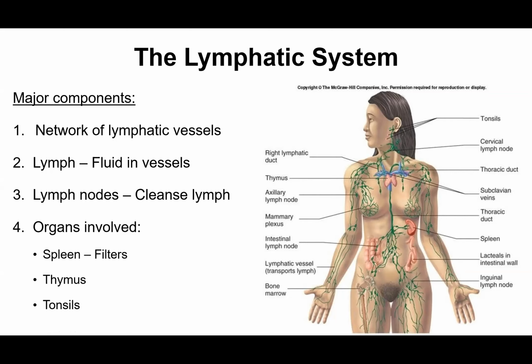Finally, there are a few other organs involved with the lymphatic system, and those include the spleen, the thymus, and tonsils. We're going to talk about each of these different structures as we go throughout this PowerPoint.